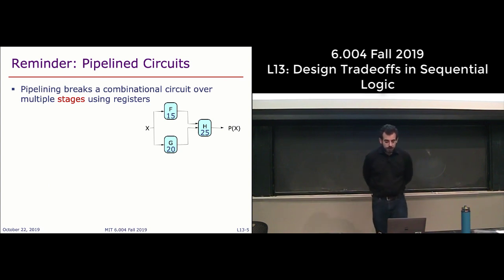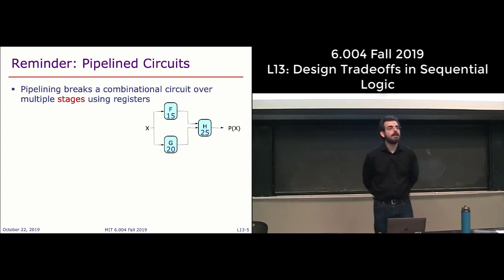Okay, so as a reminder, the key idea of pipelining. Pipelining is a scary word, but it's actually a very, very simple concept, right? So suppose you have this circuit over here, and it has a propagation delay that's determined by the slowest input to output path, right?